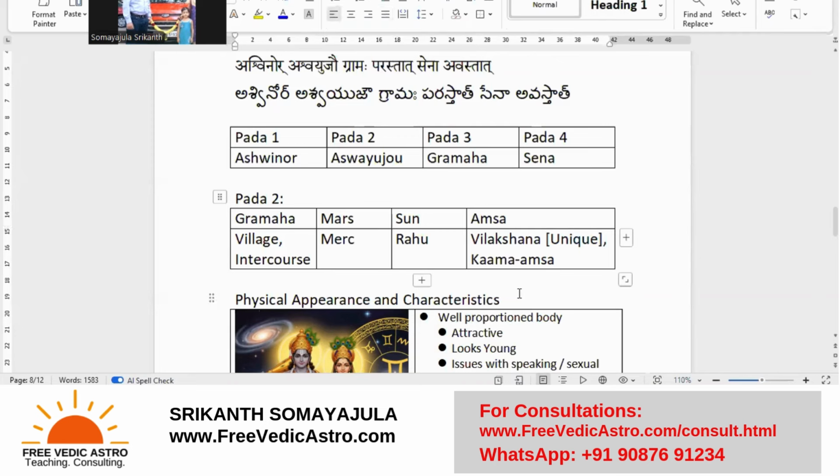Okay. Now, moving on, as we have seen with the Ashwini Pada 1, we know that it's the Dharma Amsha. Pada 2 is the Artha Amsha. These are the Purusharthas. The 4 Padas are the 4 Purusharthas. The third Pada is the Kama Amsha. And the fourth Pada, which we will probably talk about next week, will be the Moksha Amsha, right? So Kama Amsha. Kama in Sanskrit means desire.